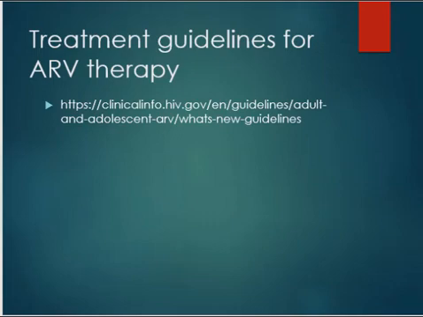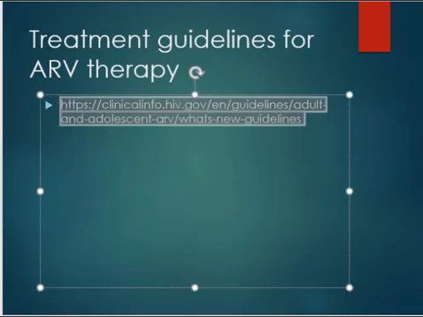I've also included on this link the guidelines for antiretroviral agents in adults and adolescents living with HIV. So if you check on that link, it has more information on medications.